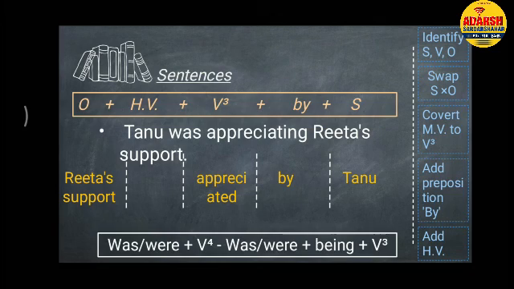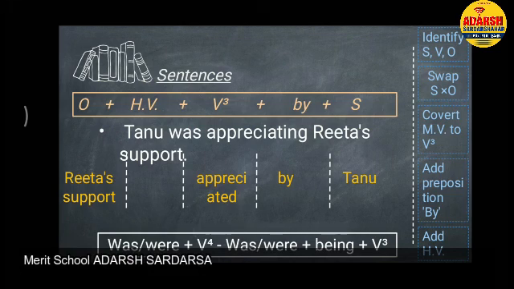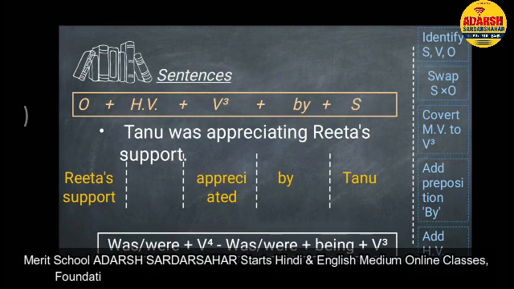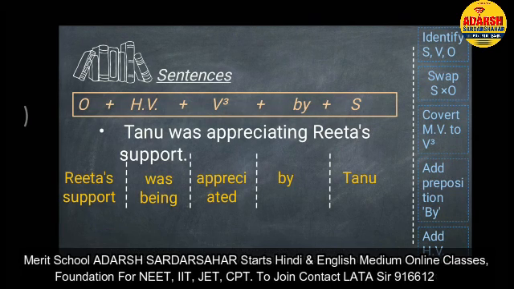So here we're going to change the helping verb and put it in its place. Rita's support is singular, so we put here was plus being, and verb's third form we already put there, which is appreciated.